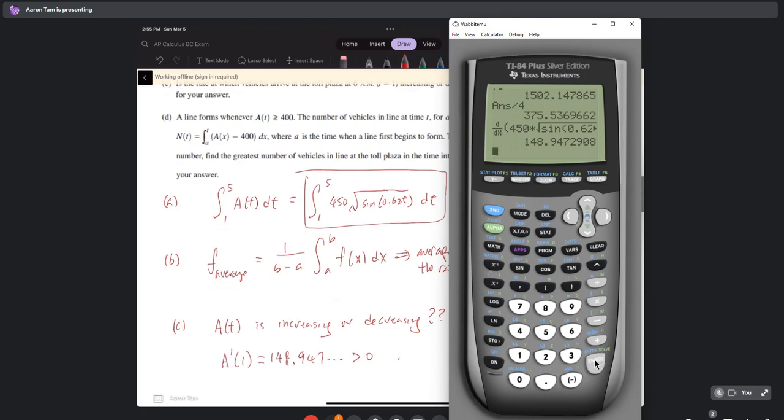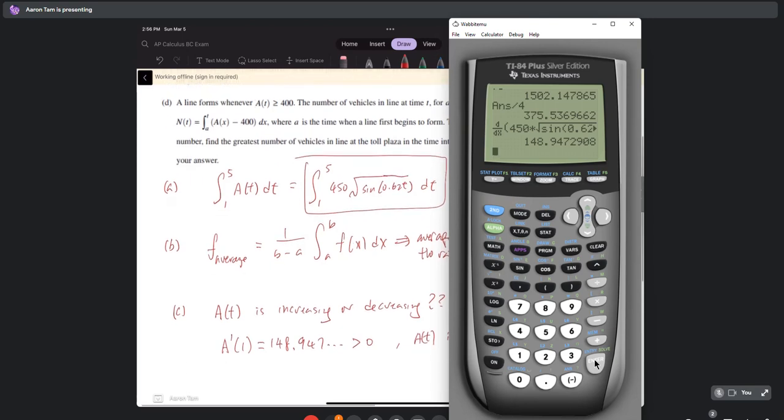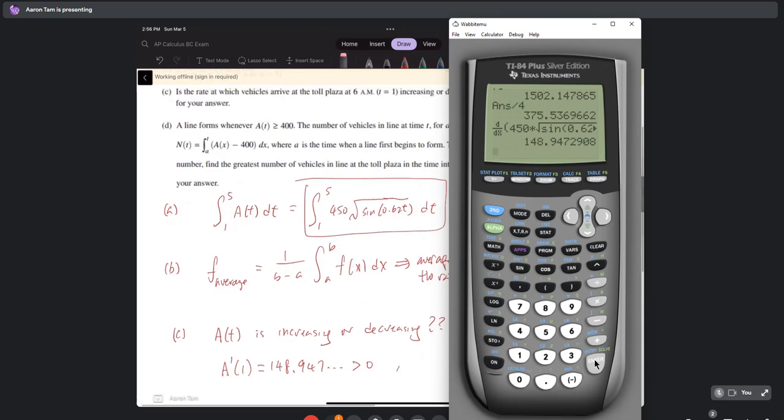The answer is that A of t is increasing. Actually, maybe I should write it this way instead of using A of t. The question said the rate at which the vehicles arrive at the toll booth is increasing.